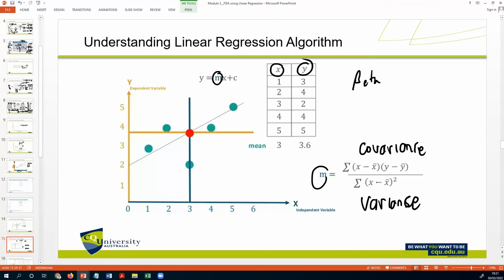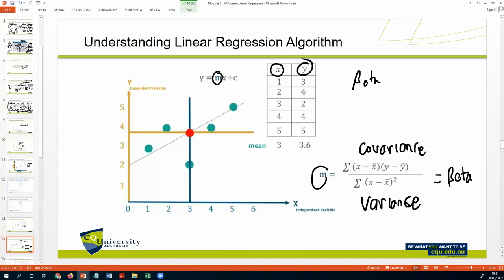What is variance? Variance is X minus mean of X, the independent variable, to the power of 2. So when you divide covariance by variance, you determine beta.